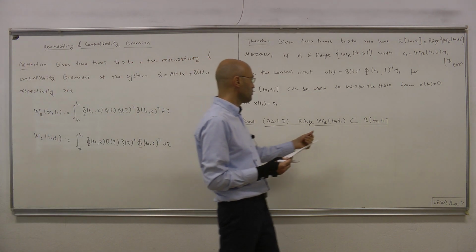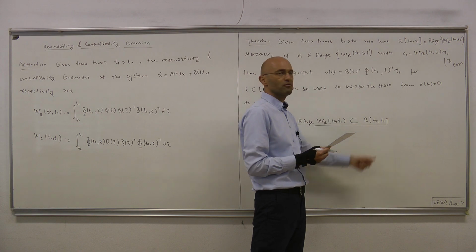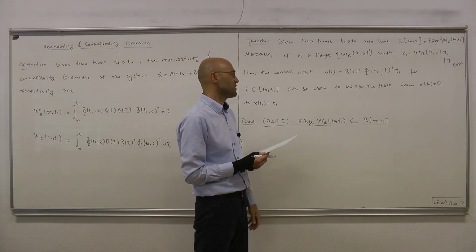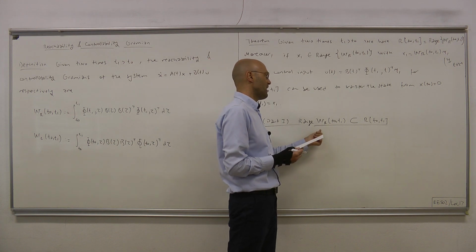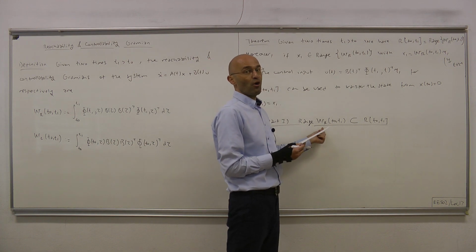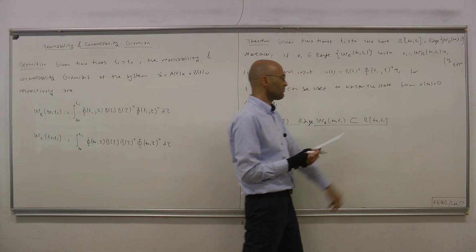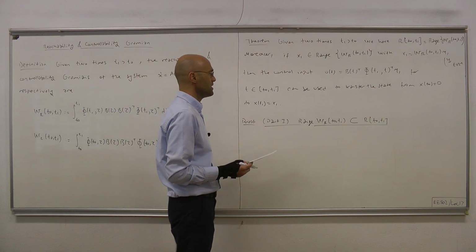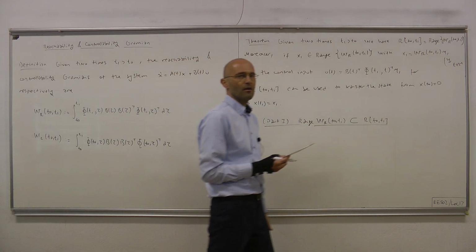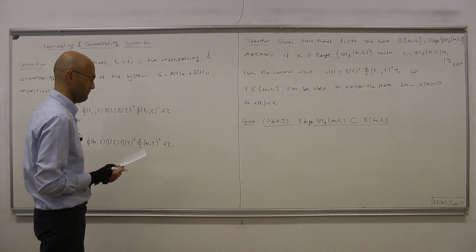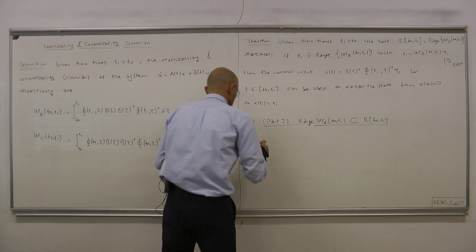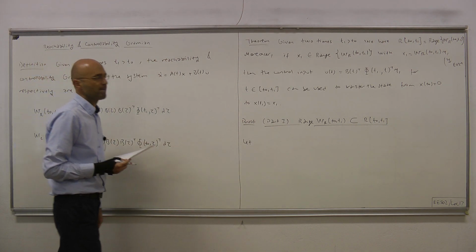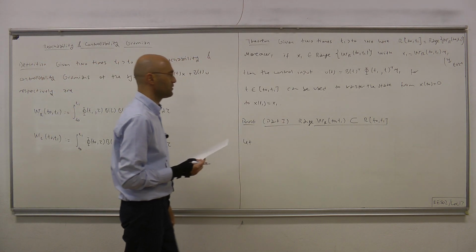And how do you prove that some set is a subset of the other? You pick an arbitrary element from the subset, and then you show that that arbitrary element is always also an element of the other set, and that would guarantee that this set is a subset of the one on the right. So we begin by picking an arbitrary element from the range space of the Gramian.